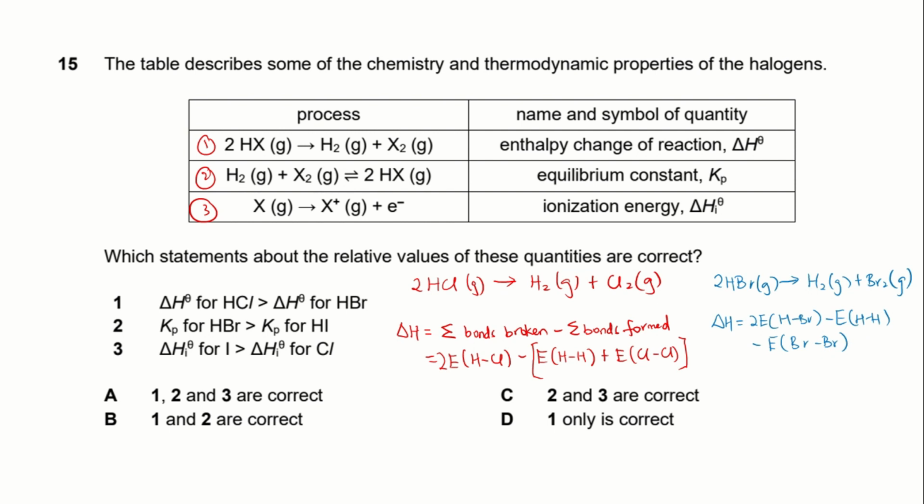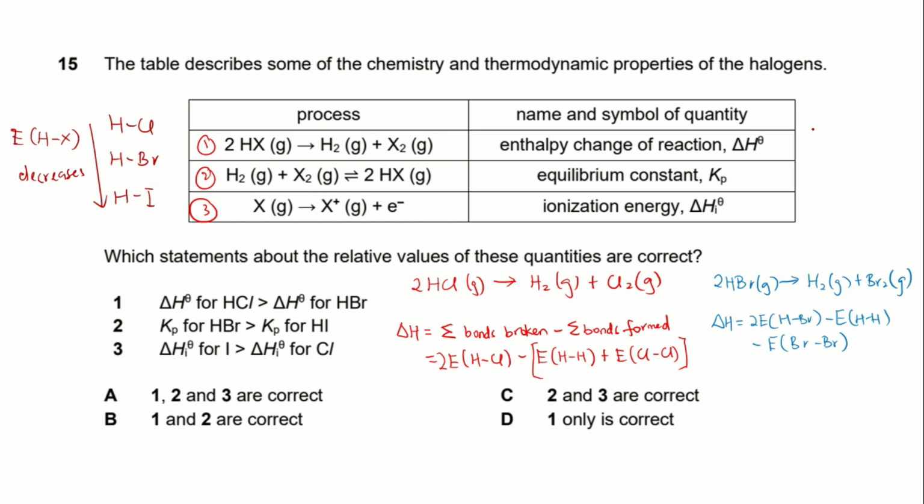I've written the equation to calculate delta H of reaction for HBr. Going down group 17, hydrogen halide bonds are getting weaker, because the bond lengths are getting longer going down the group, so the bond energy will decrease going down the group.